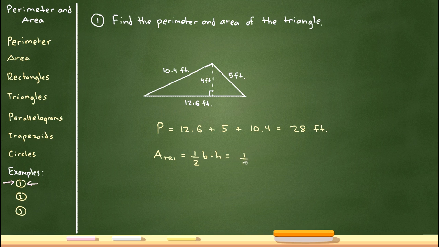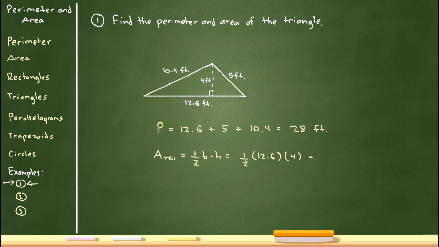So this is going to be 1/2, the base is 12.6, and the height is 4. I'm just dropping the units for now just to do the math. I know the units are going to come out to be feet squared or square feet.